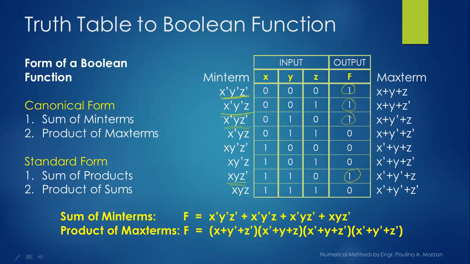In taking the Boolean function of a truth table, it is either you will express it in the sum of minterms or the product of max terms. So you will choose from the two. So these two, though they appear different, are actually the Boolean functions of this truth table. They are similar functions because they have the same truth table.